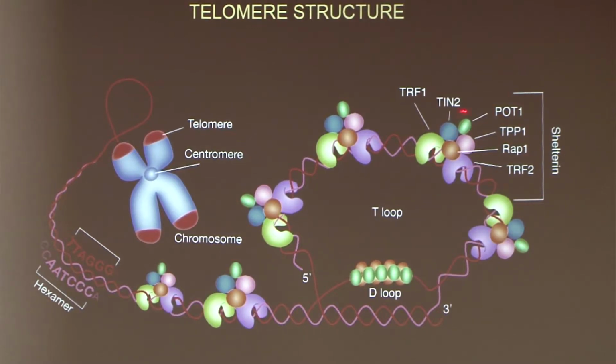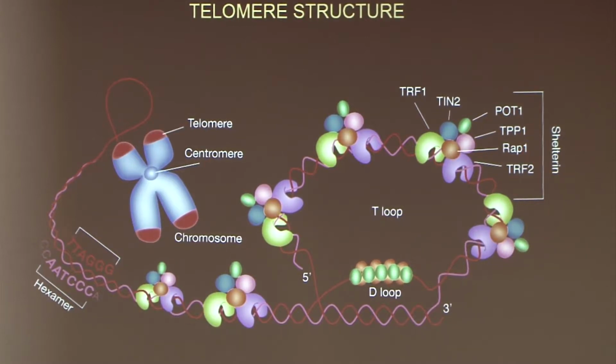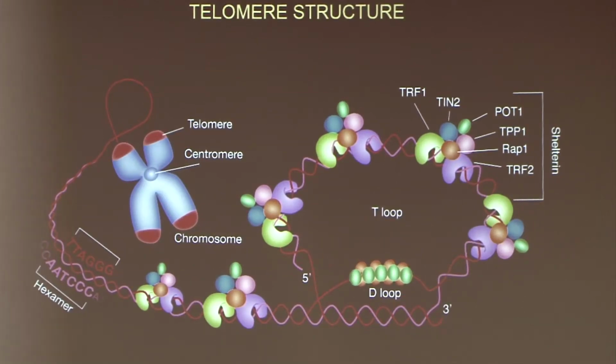And they are covered by a series of proteins that bind to the double-stranded DNA, specifically to the TTAGGG repeats. They are collectively called shelterin. Also, there is this very specific structure that is the T-loop. There is a 3' overhang here, so the 3' strand is much longer than the 5' strand.